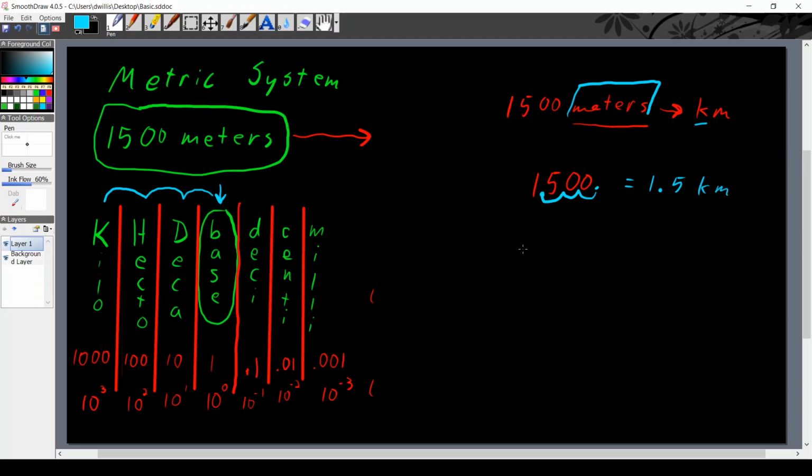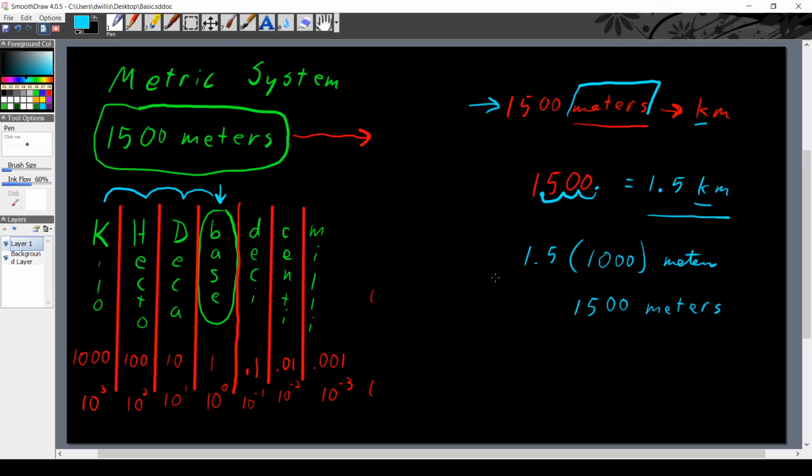And that makes sense because if we took 1.5 kilometers and expressed that as 1.5 times 1,000 meters, remember, a kilometer is 1,000 meters, then sure enough 1.5 times 1,000 would in fact be 1,500 meters. And so you can see that 1,500 meters and 1.5 kilometers are indeed equivalent amounts.